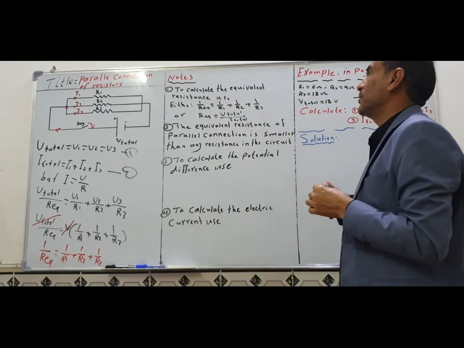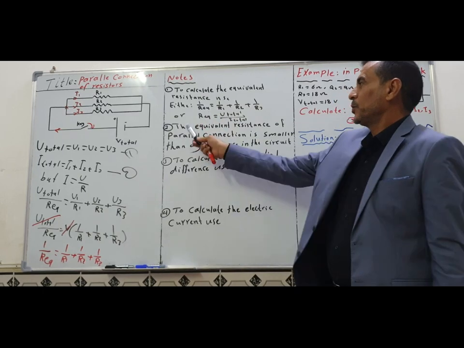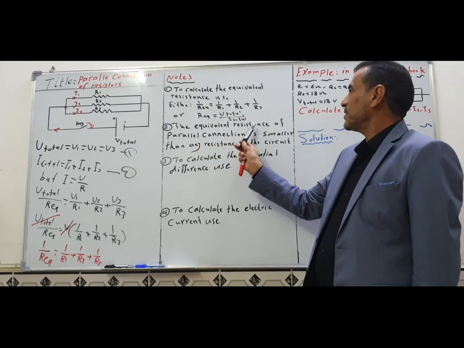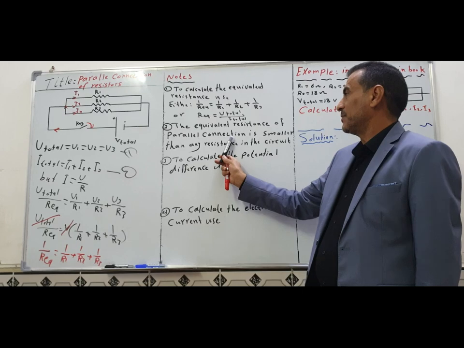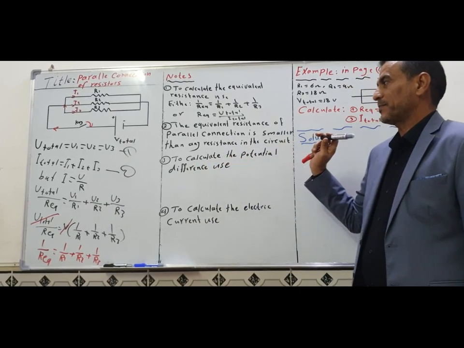These two equations are used to find the equivalent resistance. 2. The equivalent resistance of parallel connection is smaller than any resistance in the circuit.